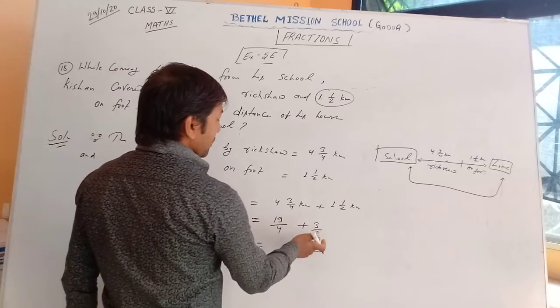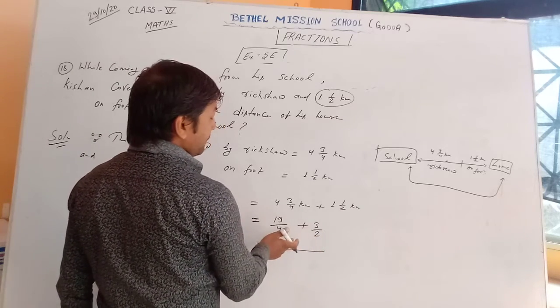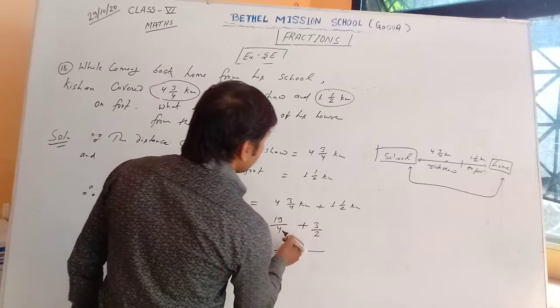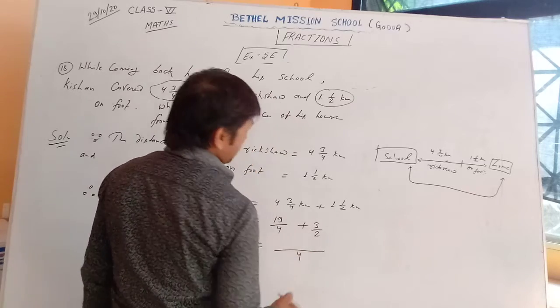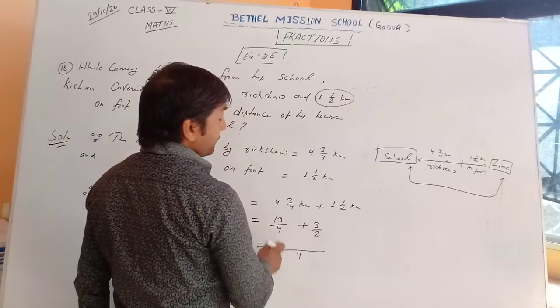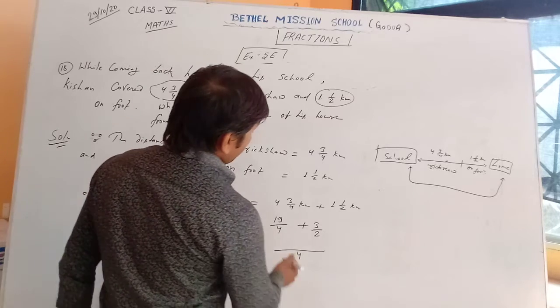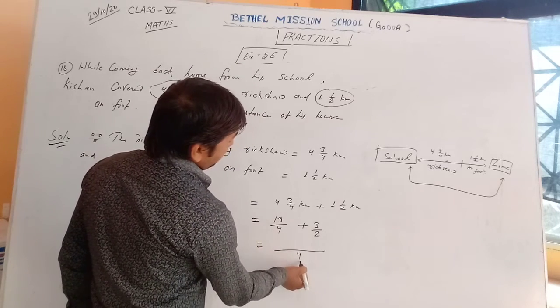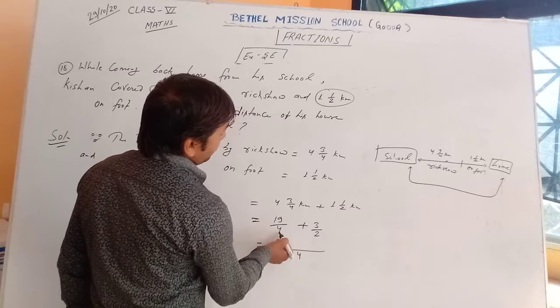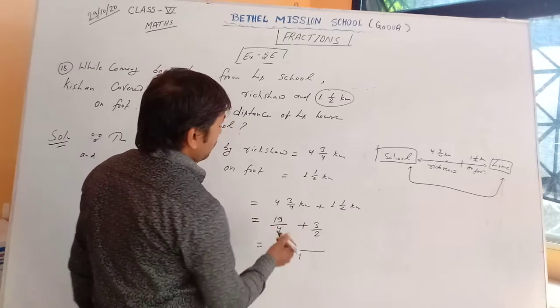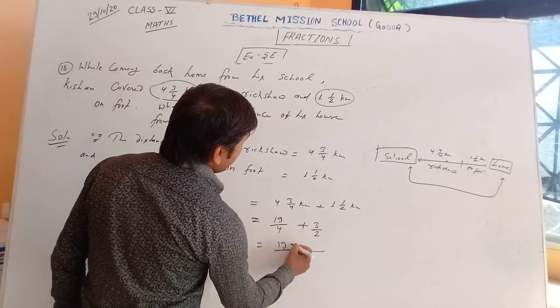Because 2 is a factor of 4, the LCM would be 4. So 4 divided by 4 gives 1 into 19, that is 19.